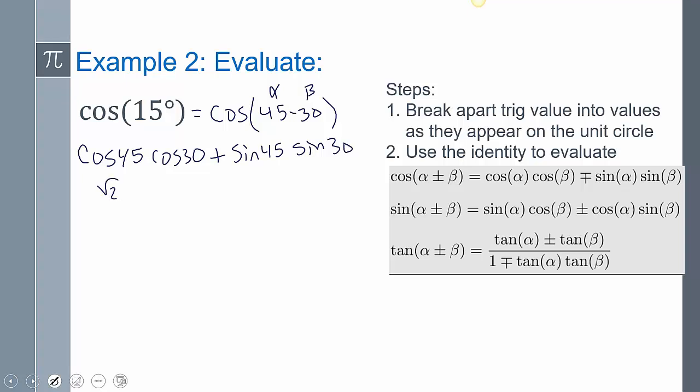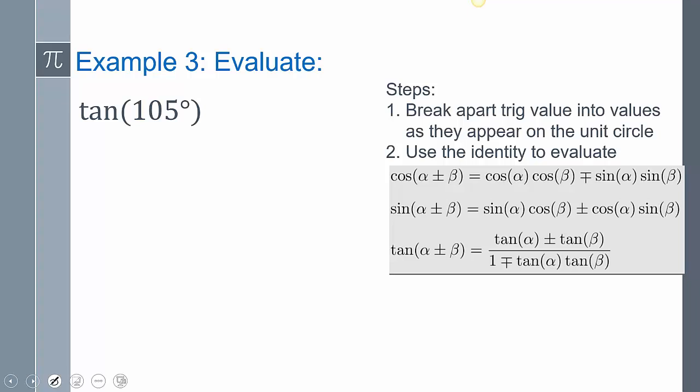Cosine of 45 is root 2 over 2. Cosine of 30 is root 3 over 2. Sine of 45 degrees is root 2 over 2. Sine of 30 is 1/2. So you get root 6 plus root 2 all over 4, because 2 times 2 is 4.